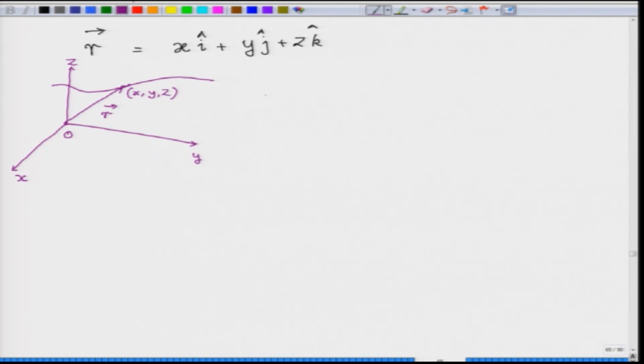Corresponding to that, I construct a small function r, which I call mod r, the length of the vector r, and that is root over x square plus y square plus z square. This is my f of x, y, z. You can also call it r of x, y, z.